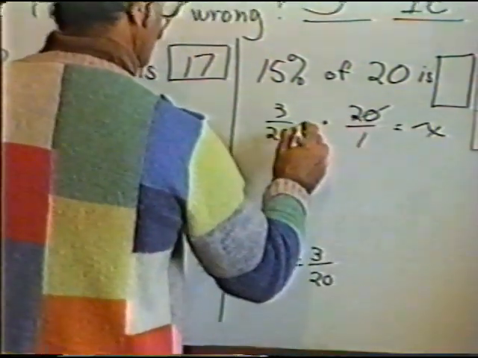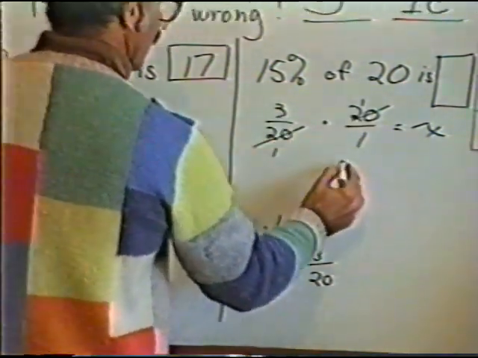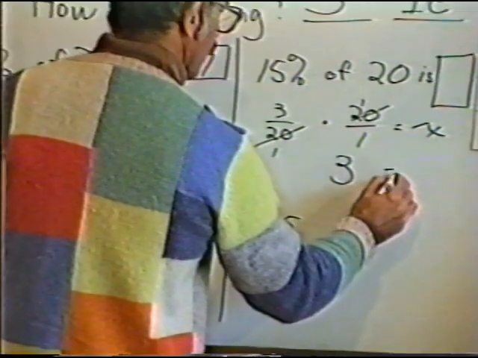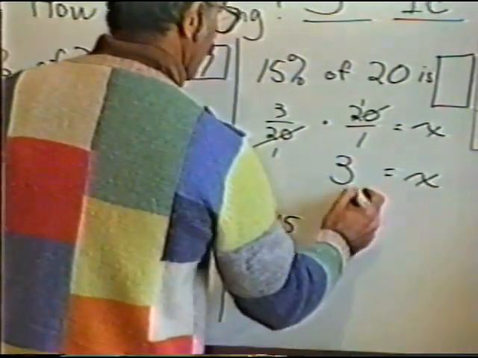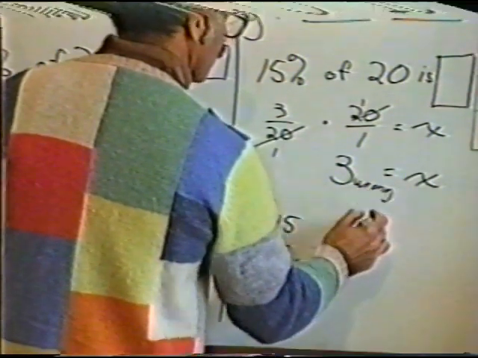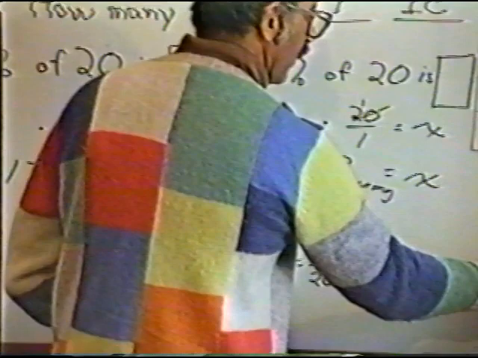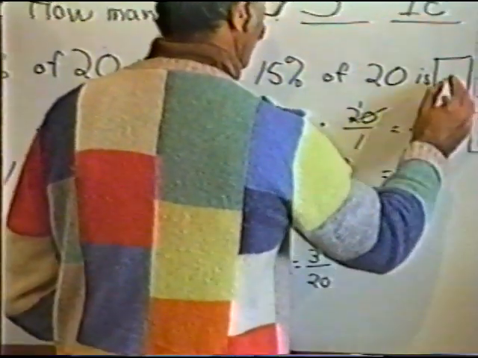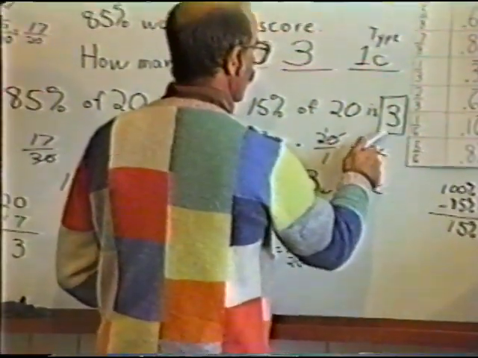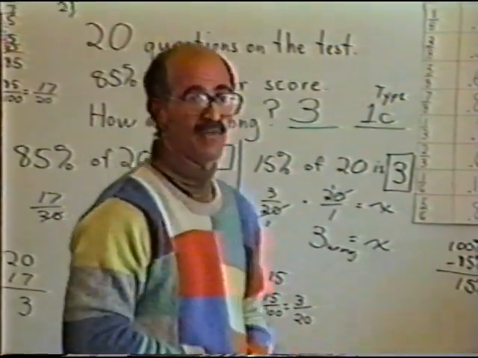The 20s cancel, leaving us 3. 3 equals x. And this time it's the number wrong because we use the percent that told how many were wrong. Our answer is 3, just like our answer was 3 when we did it the other way.